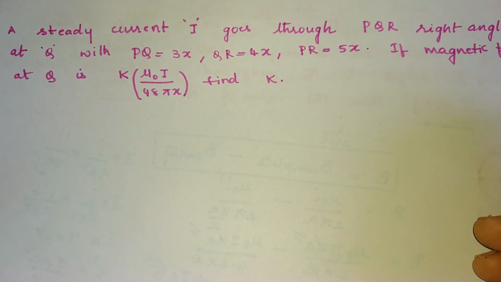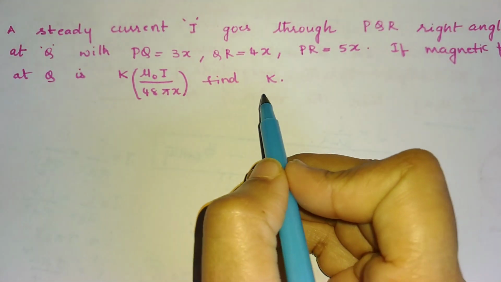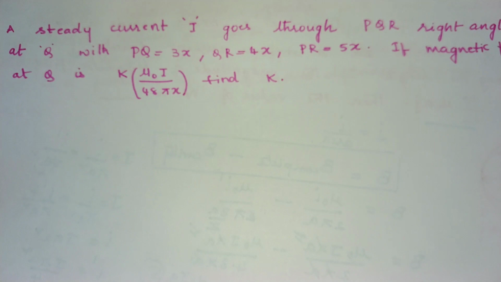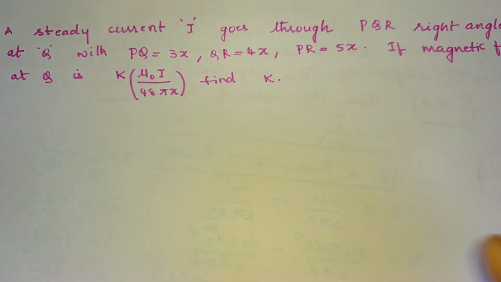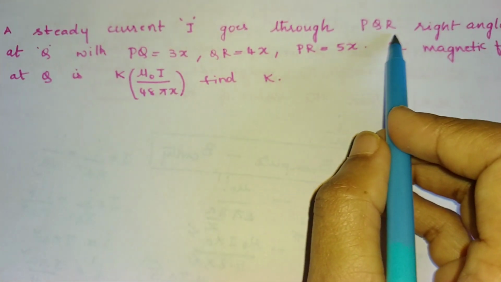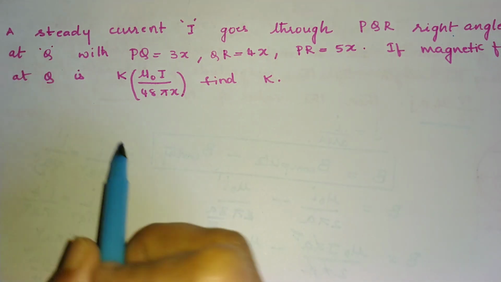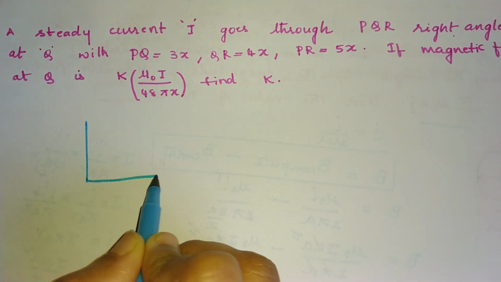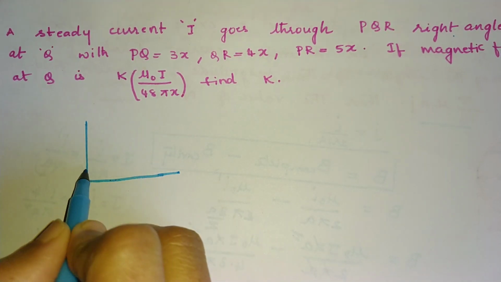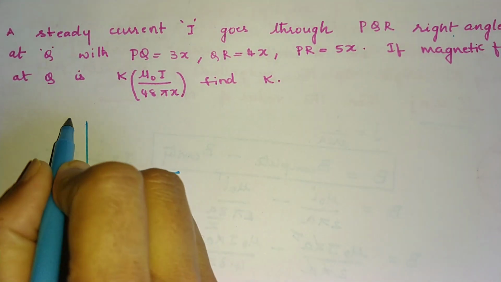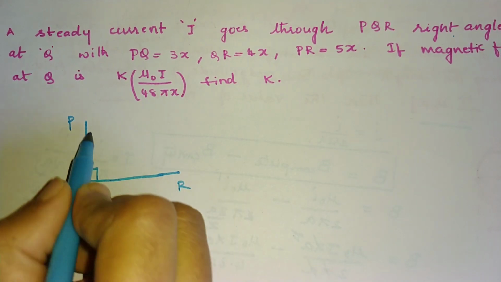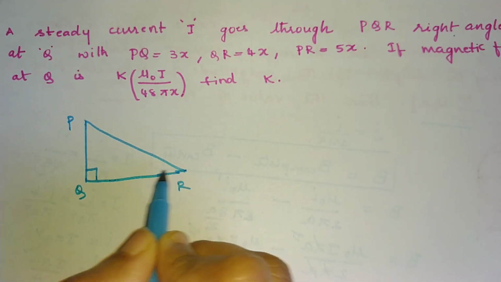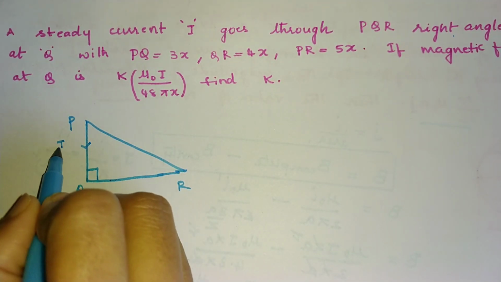A question which is again an integer type question. We need to find the value of k, but study the question first. A steady current I goes through PQR right angled at Q. Okay, so first I'll take one right angled triangle. This is right angled at Q, P and R. A current capital I is passing through it.